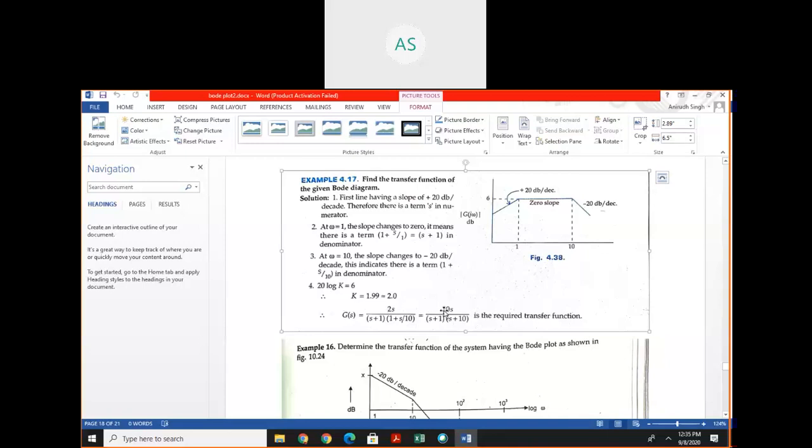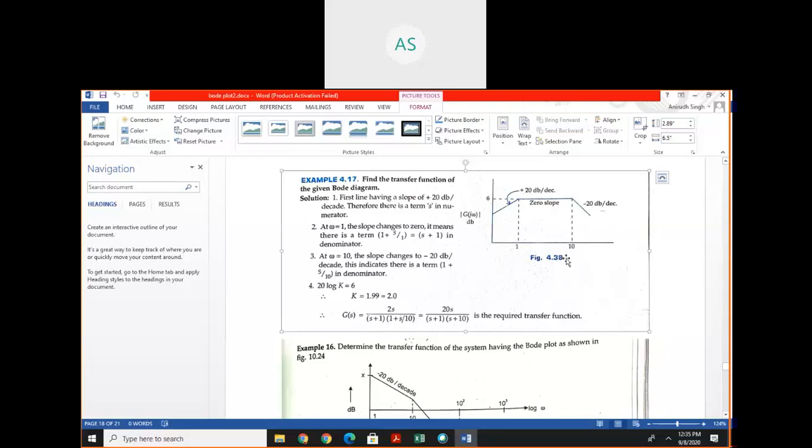Then this is 2 multiplied by s, not 20. Then 2s, and the next corner frequency is 1, and at this we get a 0 slope, which means there is an addition of one pole at this point.